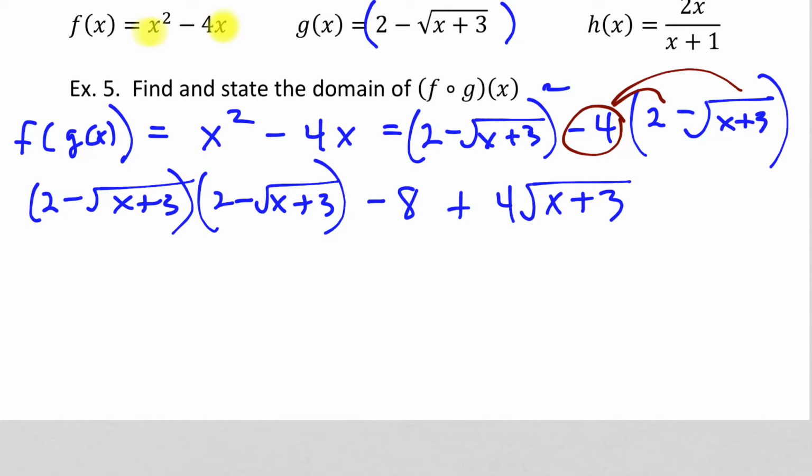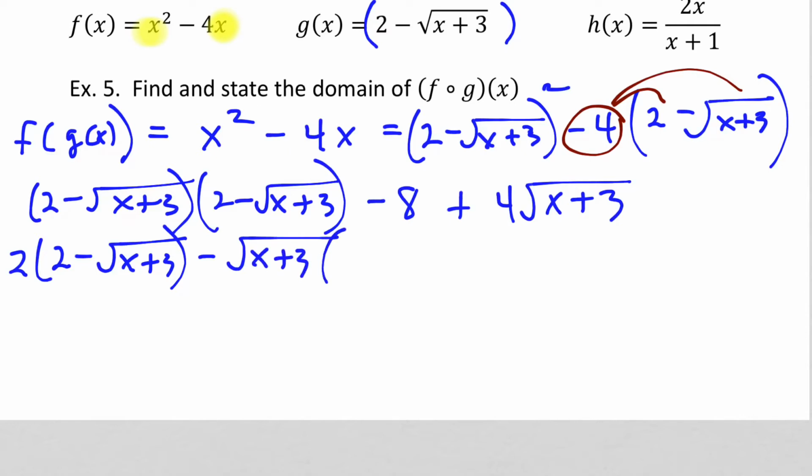Okay, so if we double distribute here, I'm going to write out the steps here because this is slightly more involved than you're used to. And then I'm going to distribute square root of x plus 3 times 2 minus the square root of x plus 3. And then the other two terms that I have are these.